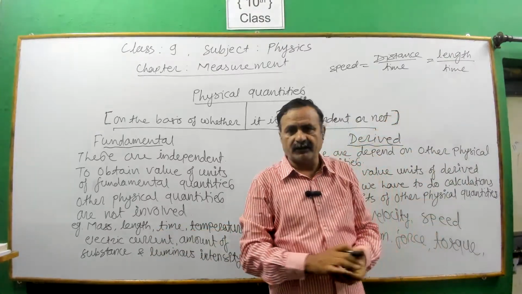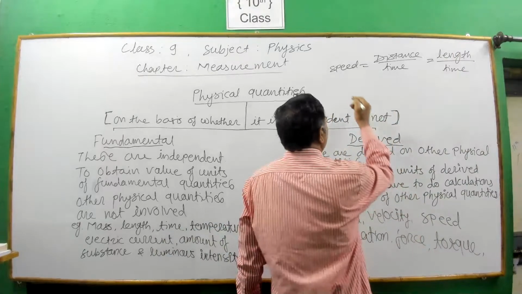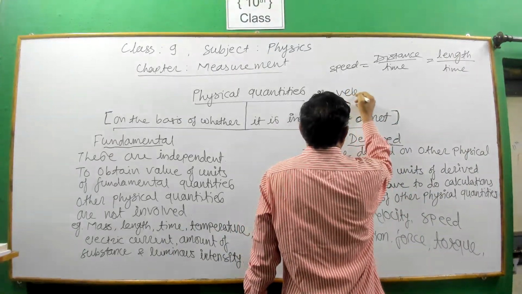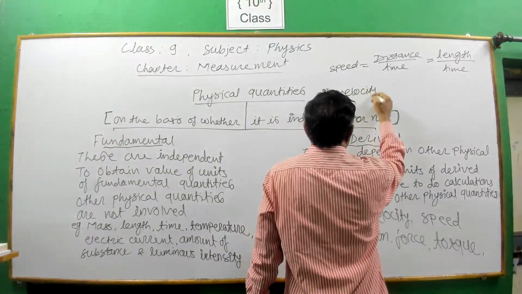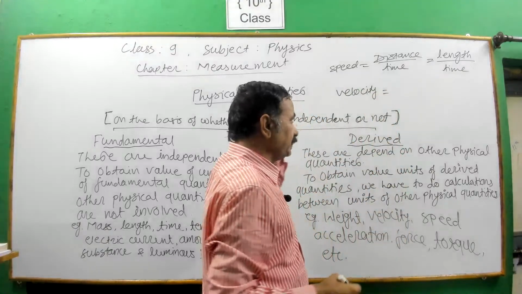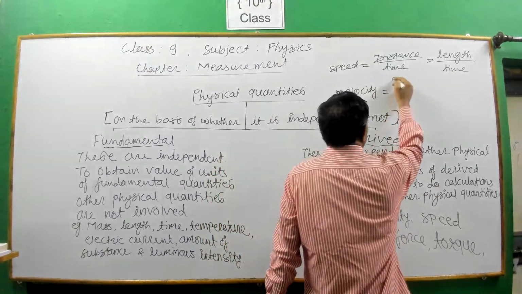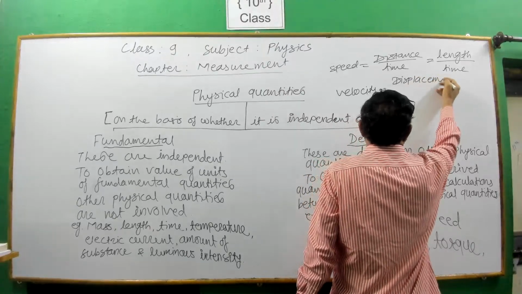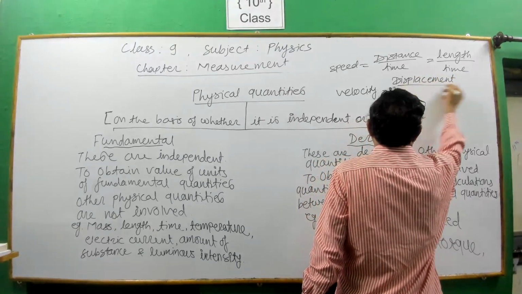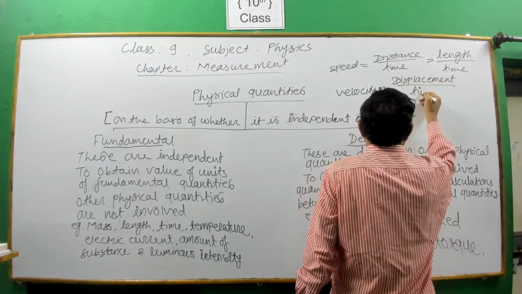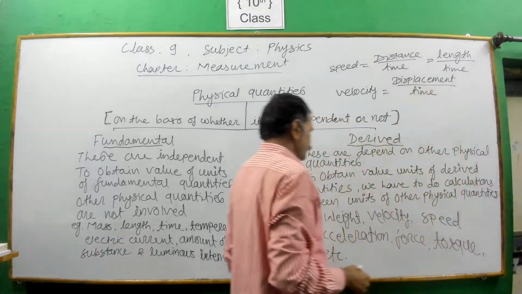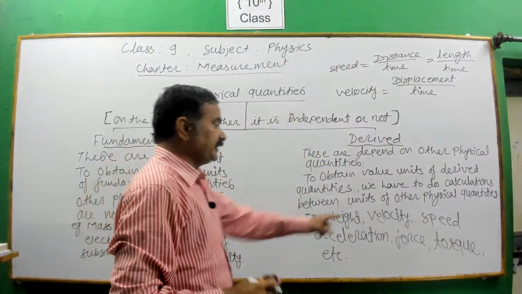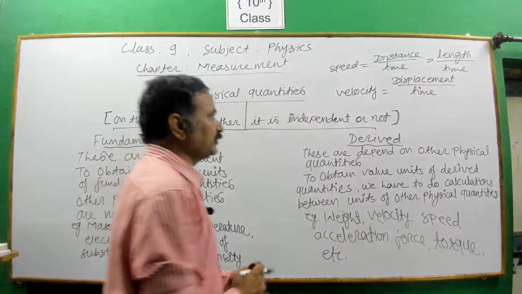It is also a fundamental quantity. Like that, velocity. Why is velocity called a derived quantity? Velocity is equal to displacement divided by time. As I told you, displacement derived नहीं है बच्चों. Displacement क्या होता है?